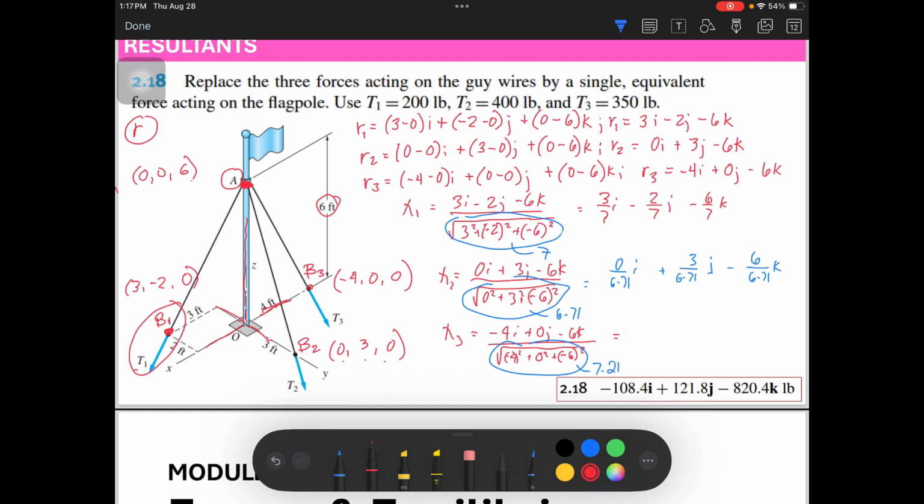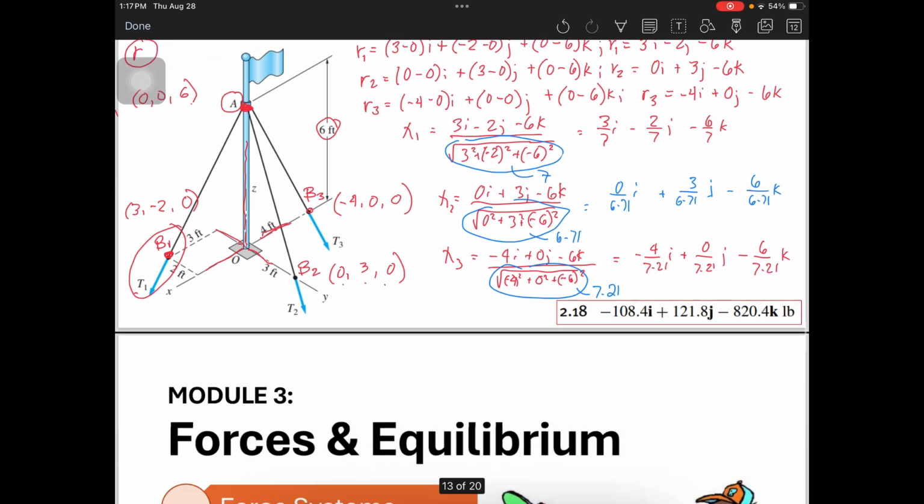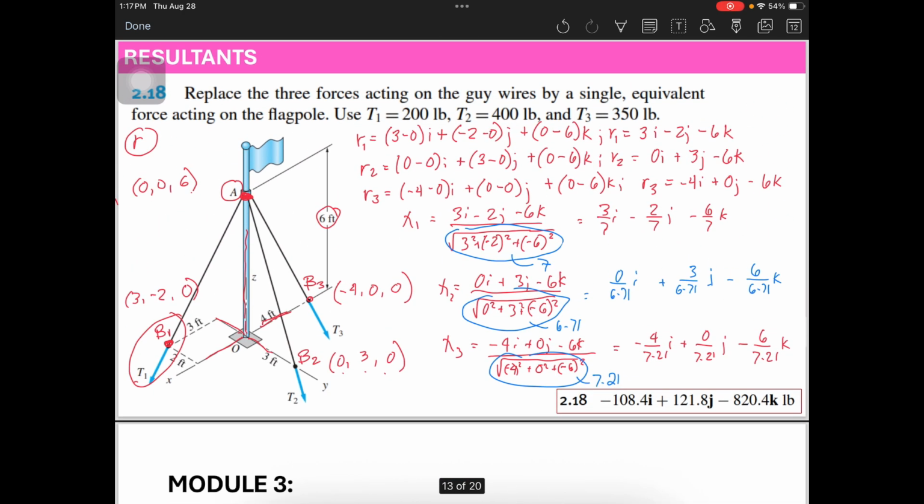So our lambda 3 is equal to negative 4 over 7.21 i plus 0 over 7.21 j and then negative 6 over 7.21 k. So meron na tayong lambda.